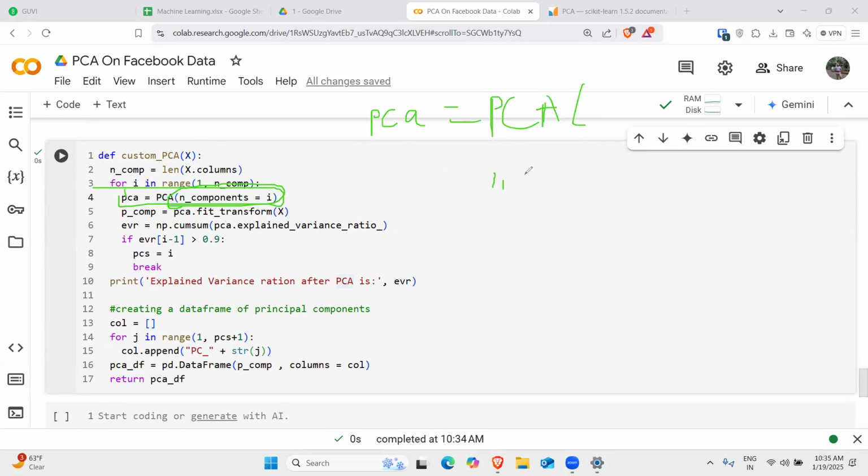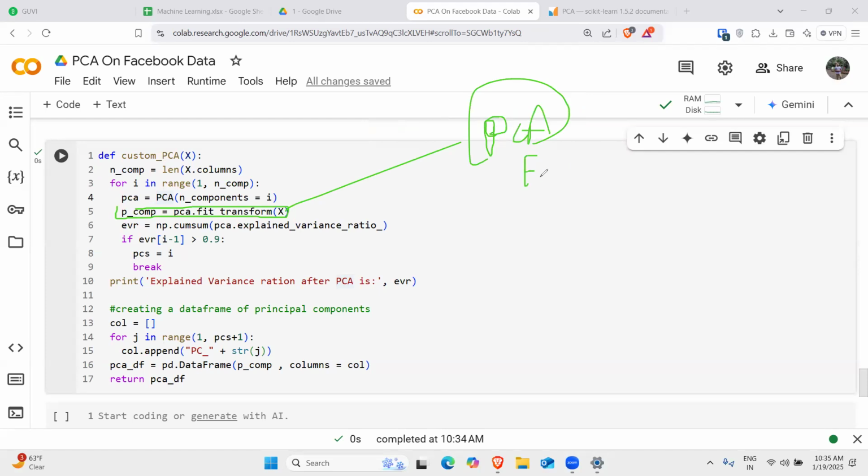So one by one, 1, 2, 3, up to 20, it will pass, right? And then fit_transform will do the PCA, right? What will fit_transform do? It will fit and it will also transform, so both things simultaneously it will do.